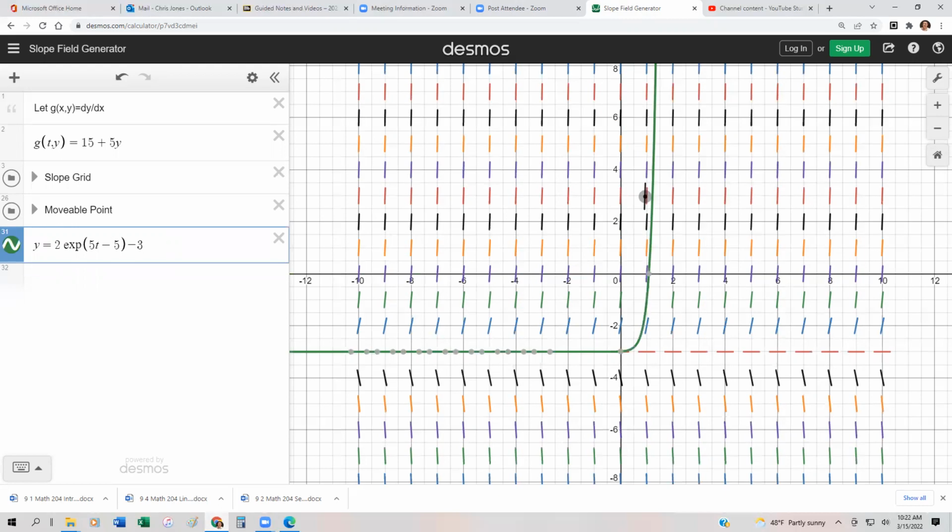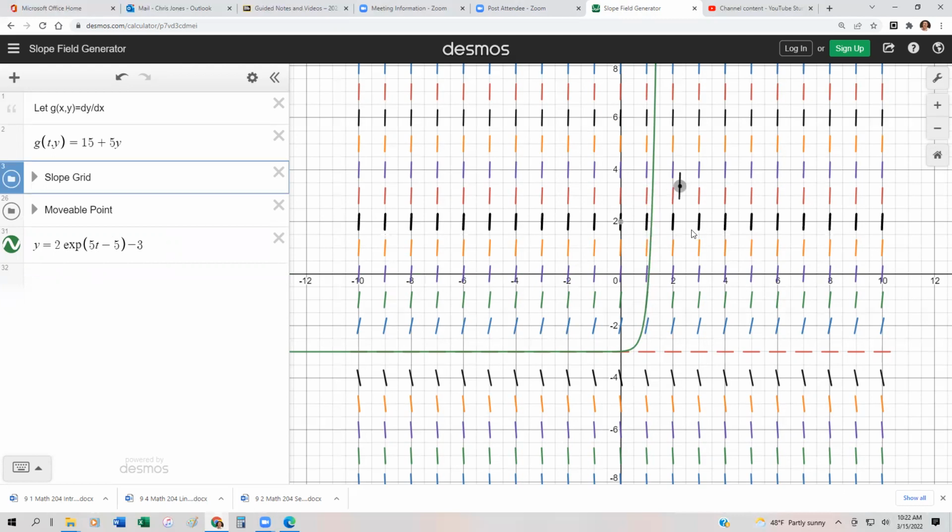All right. And there we go. And this is perfect, right? Because it kind of falls right onto this equilibrium point, and then all of a sudden it just kind of upturns. Okay, we can kind of see that happens like right about here, and it's just following the slopes. All right, so it fits perfectly into the slope field.